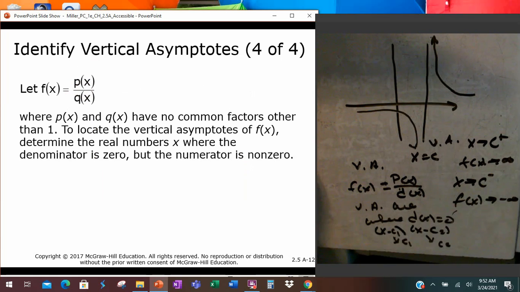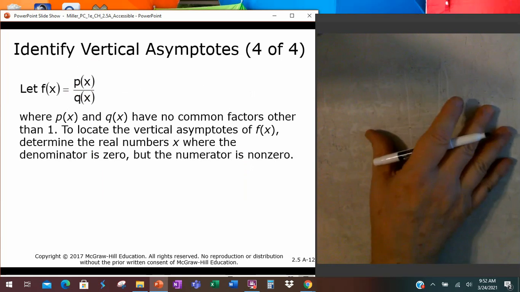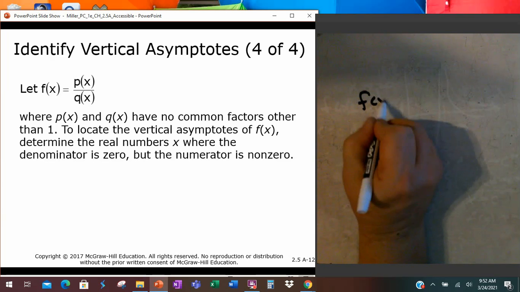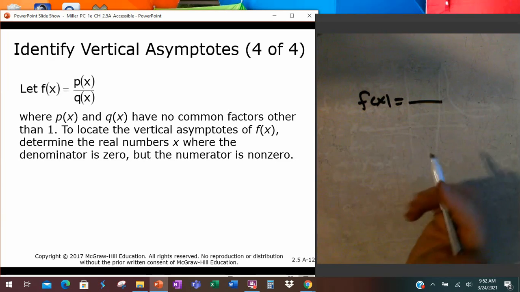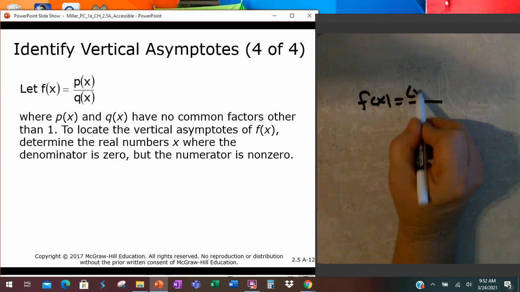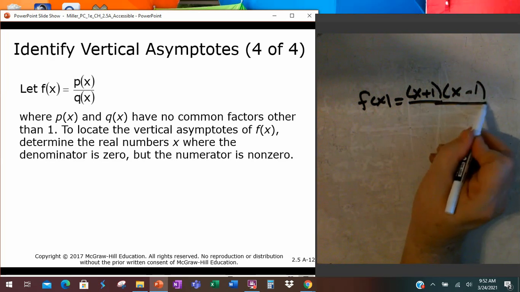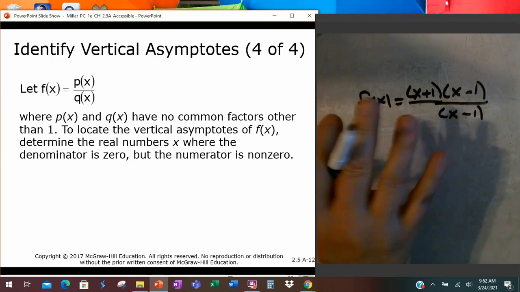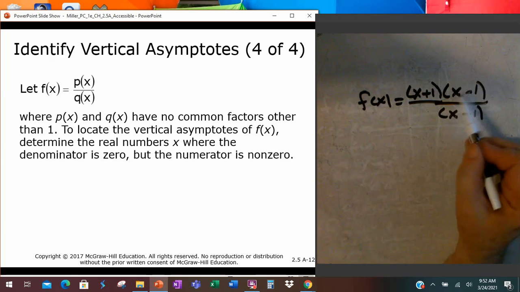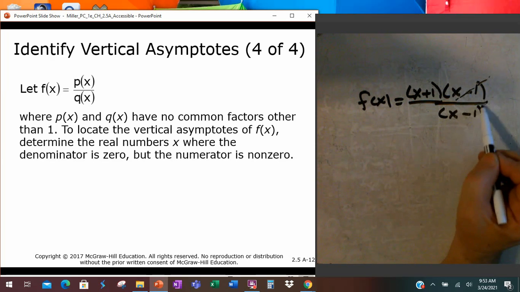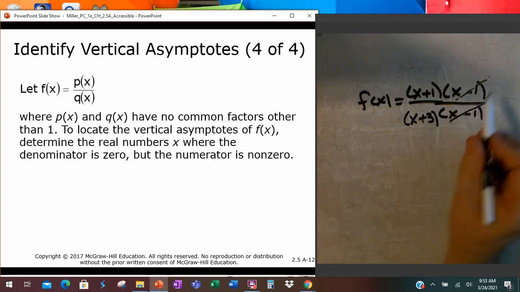Now this is saying, what about the situation? Let me do a basic situation. It says that I've got two polynomials, I'm dividing them, and they have no common factors. So let's look at something like x minus 1 over x minus 1 and see what it's talking about. If it has a common factor, let me put x plus 3 here.